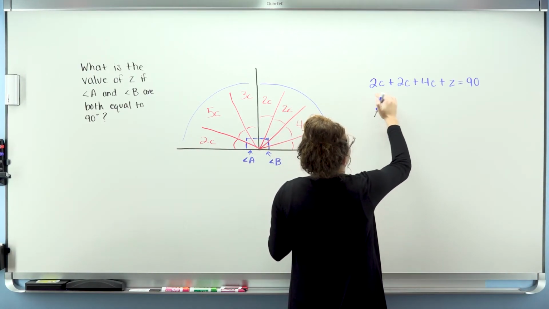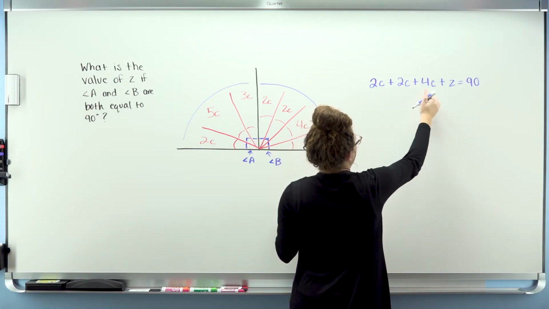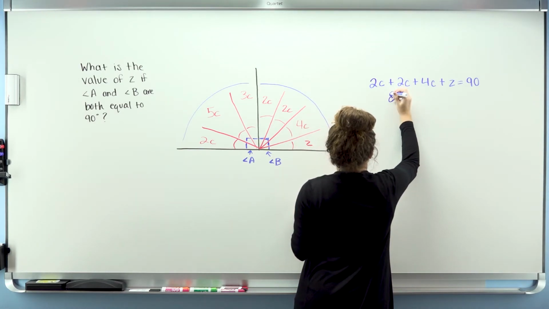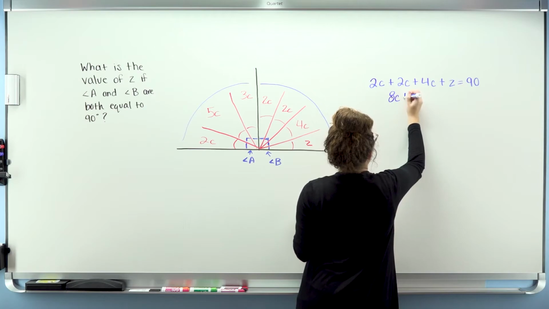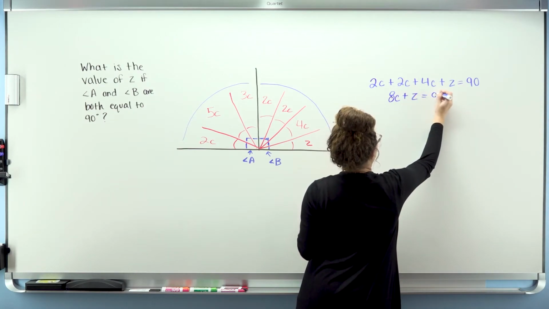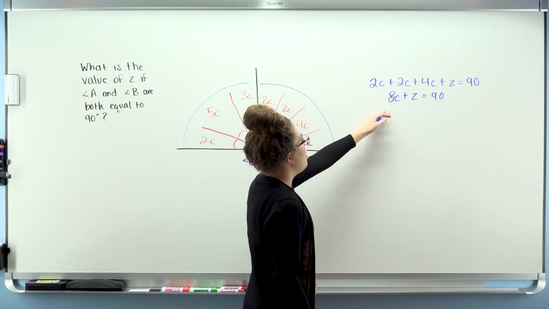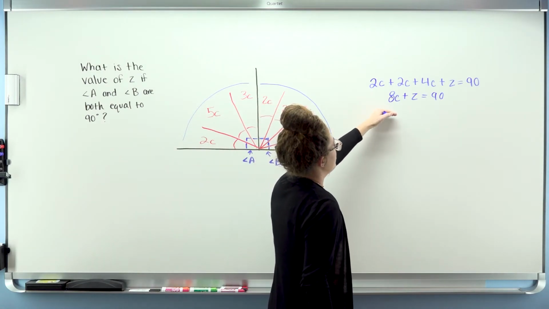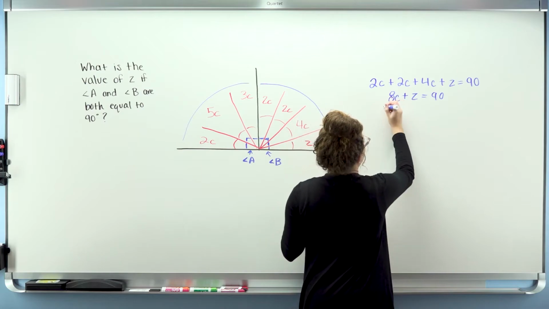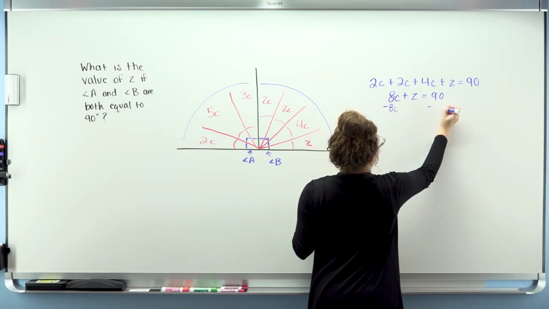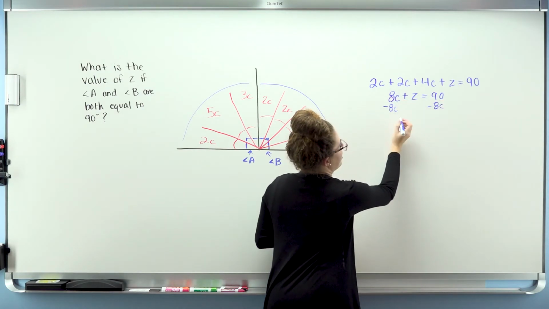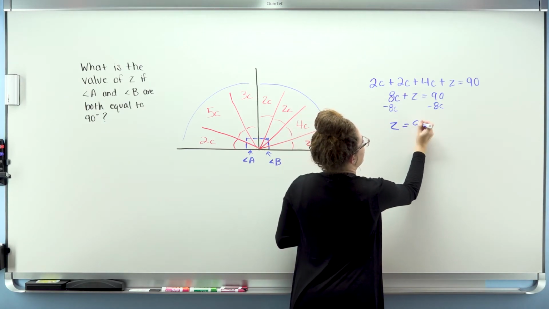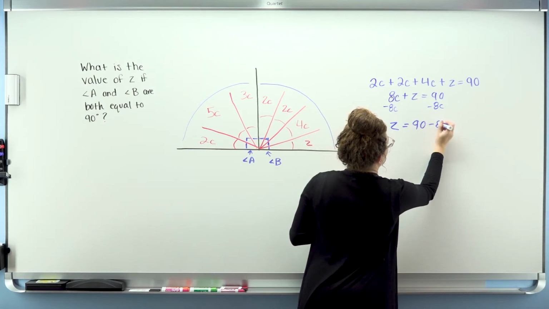We can say 2 plus 2 is 4, and 4 plus 4 is 8. So we get 8c plus our z is equal to 90 degrees, right? And because we are looking for z, we can just put this in terms of z. So we can subtract the 8c over, and we get z is equal to 90 minus 8c.